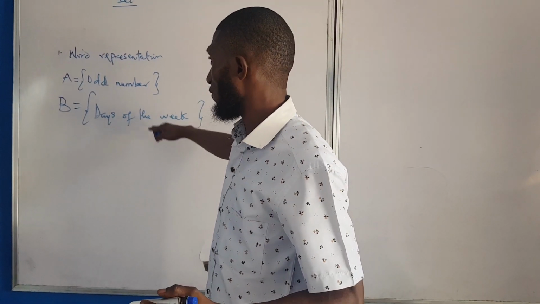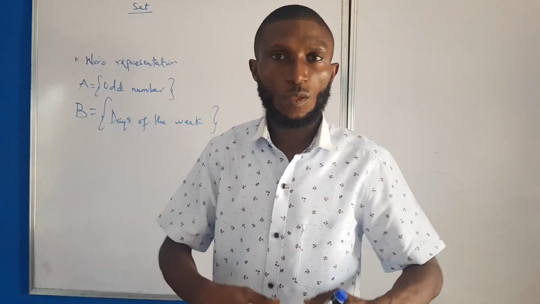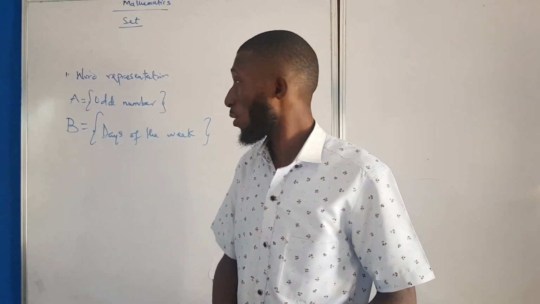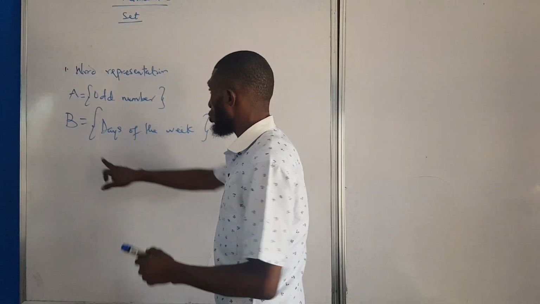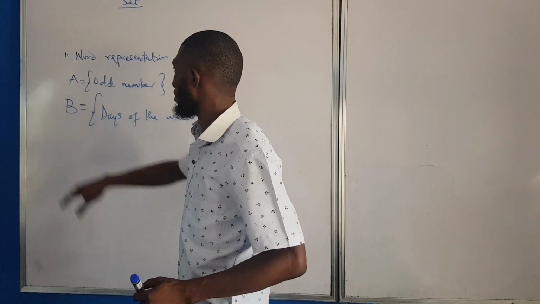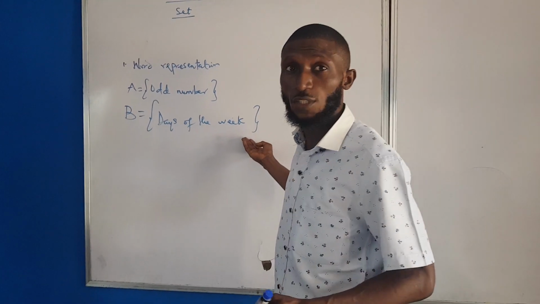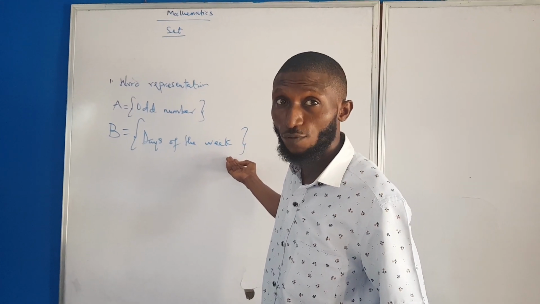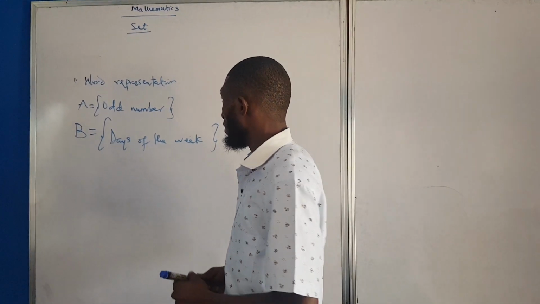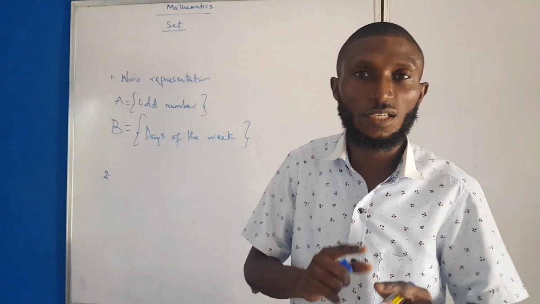Any set given in this form, we call it a set given in words or sentence form. This one is known as the set bracket, while this one is the set itself. Anything you can get from this bracket is called the value of the set, or we call it an element of the set.